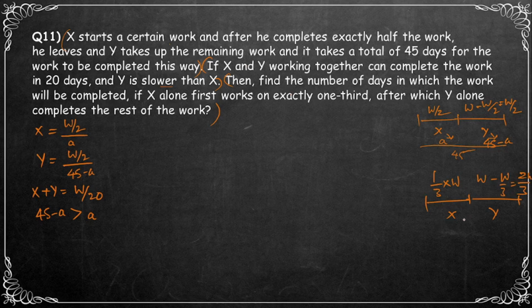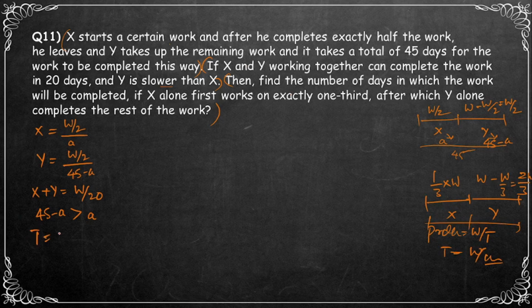Now they are wanting us to find the number of days. That means the total time taken by them to complete that work. So we know that productivity is equal to work divided by time. So that means time is equal to work divided by productivity. So the total time is equal to time taken by x plus time taken by y.